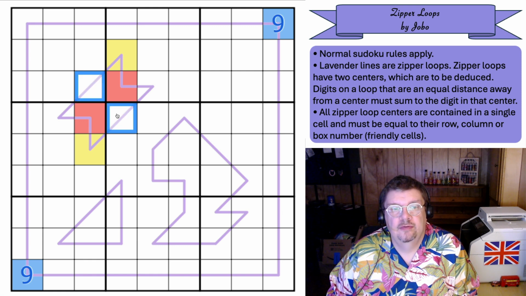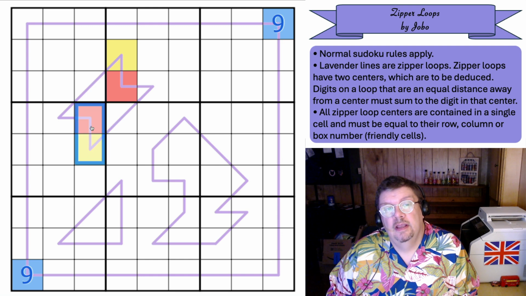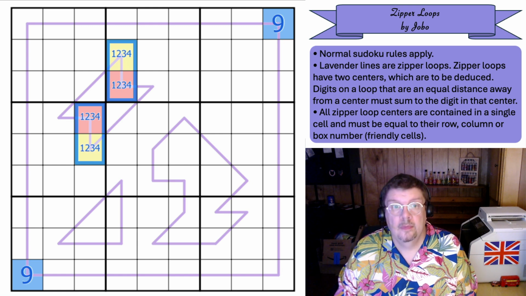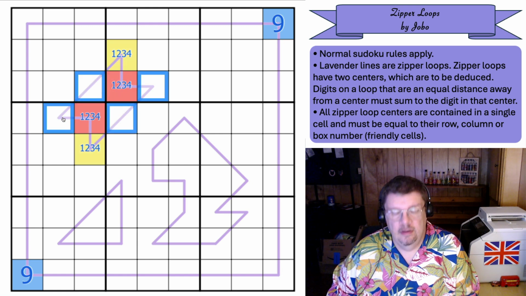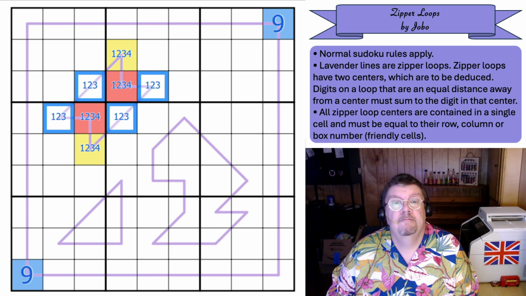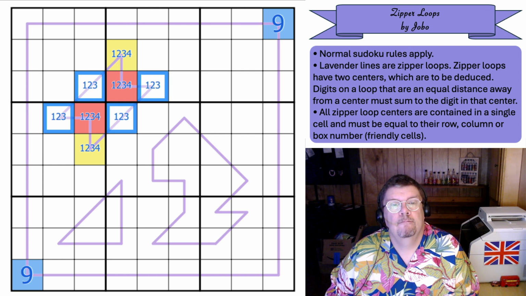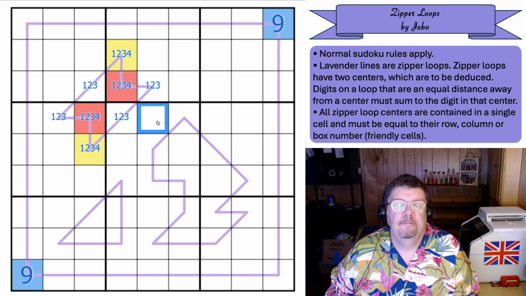So those can't be centers. So if either of these is a center, the maximum digit it can be is a 4. And then the maximum digits of these that can't be centers must be 3. Okay. Interesting.